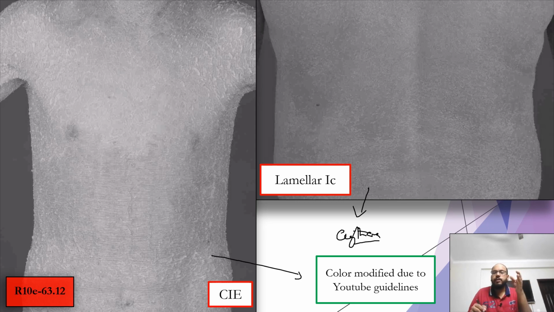Just remember that during the initial stages of the disease, you will have more scaling in lamellar ichthyosis and more erythema in CIE. And as the disease progresses, the baby will eventually fall into one of the categories, either lamellar ichthyosis or congenital ichthyosiform erythroderma. Okay, let's move on.